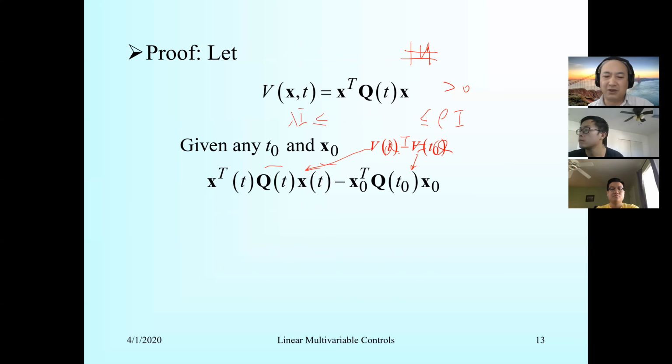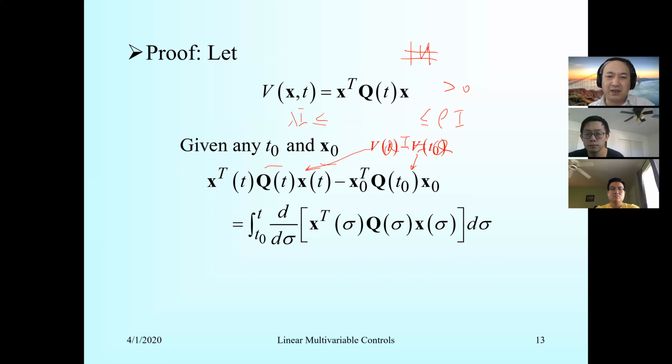Then we can write this in terms of the derivative. We don't need another sigma here, and we don't need a convolution here. We just say this is a derivative times t minus t0, so it's exactly the same. And this is less than zero.